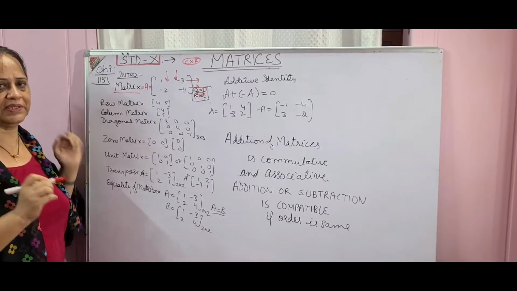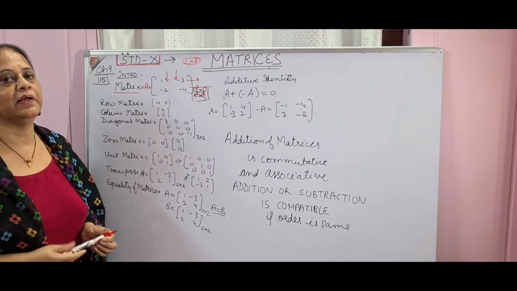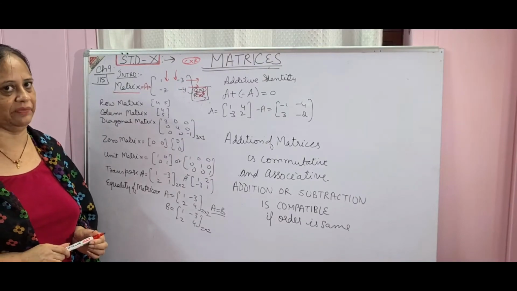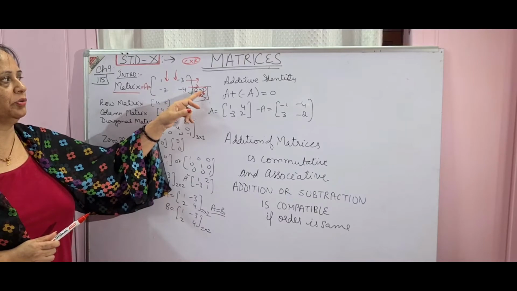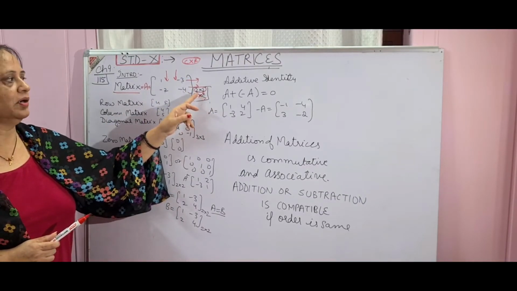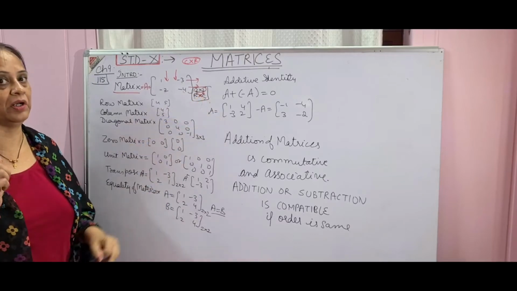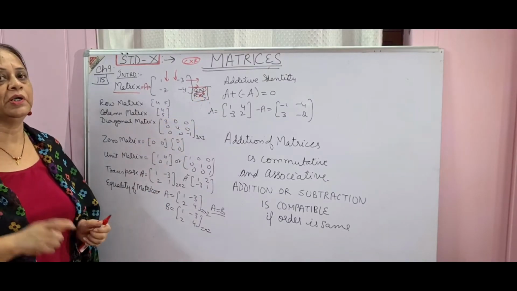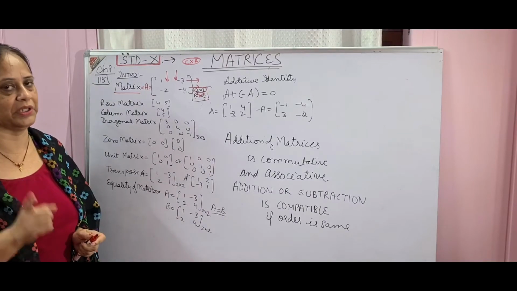Now, the first thing you are going to remember is that if they have not given the order in the question, and mostly it is not given, you are going to write the order: rows first and columns second. Row cross column. If you do not write it, I'll cut your marks. So the first step, I have told you, is very necessary: write rows and columns.